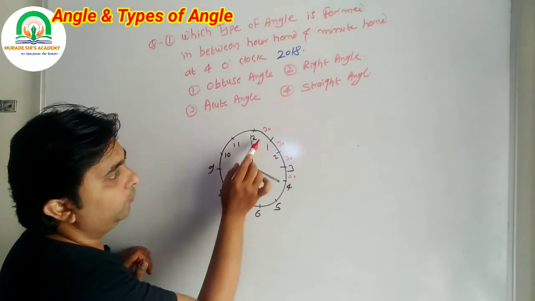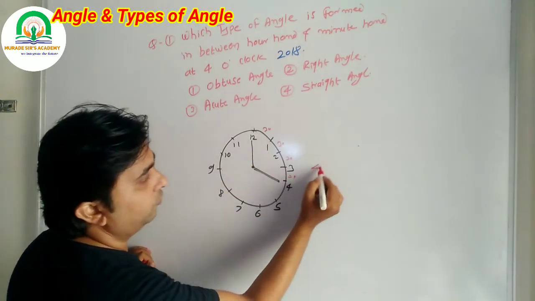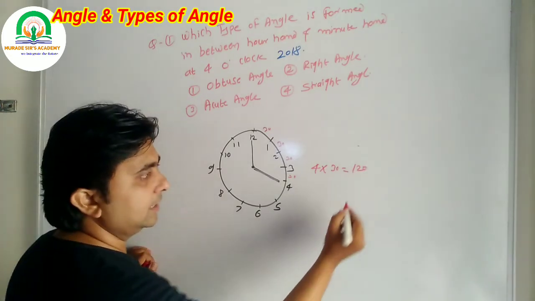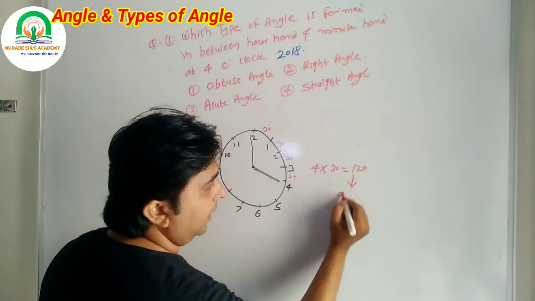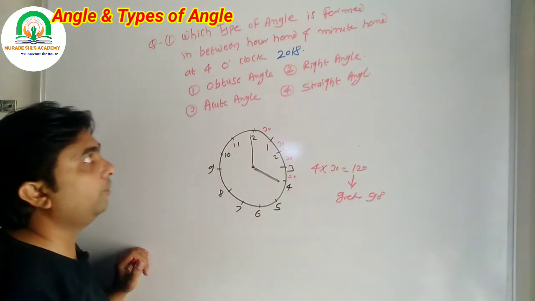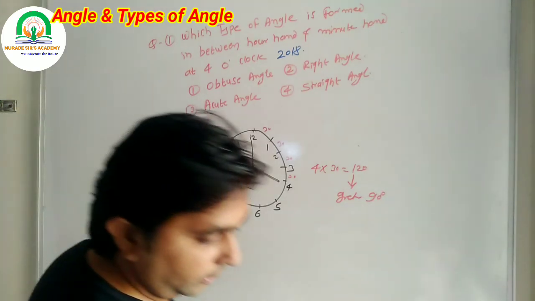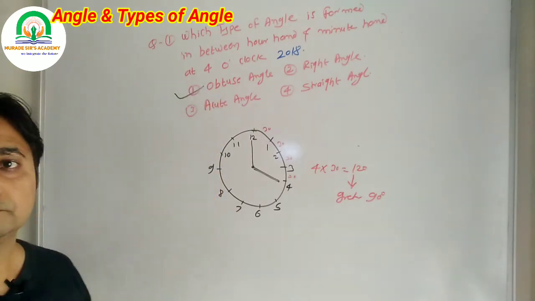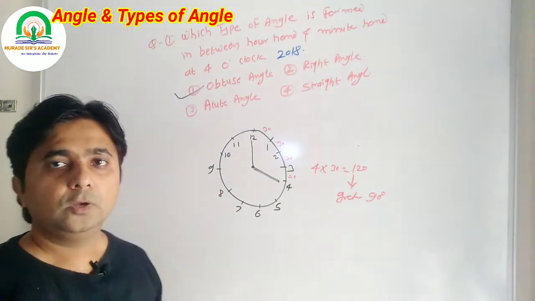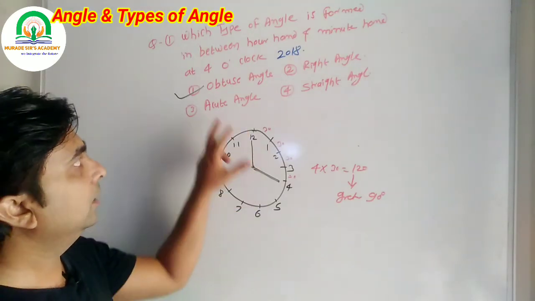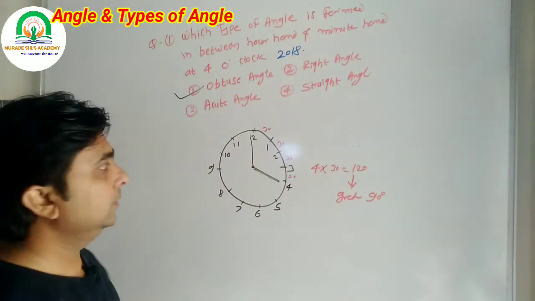How many 30s? 1, 2, 3, 4, so 4 into 30 is 120 degrees. It is greater than 90 degrees, so which type of angle? Obtuse angle. Questions based on the clock are of this type.